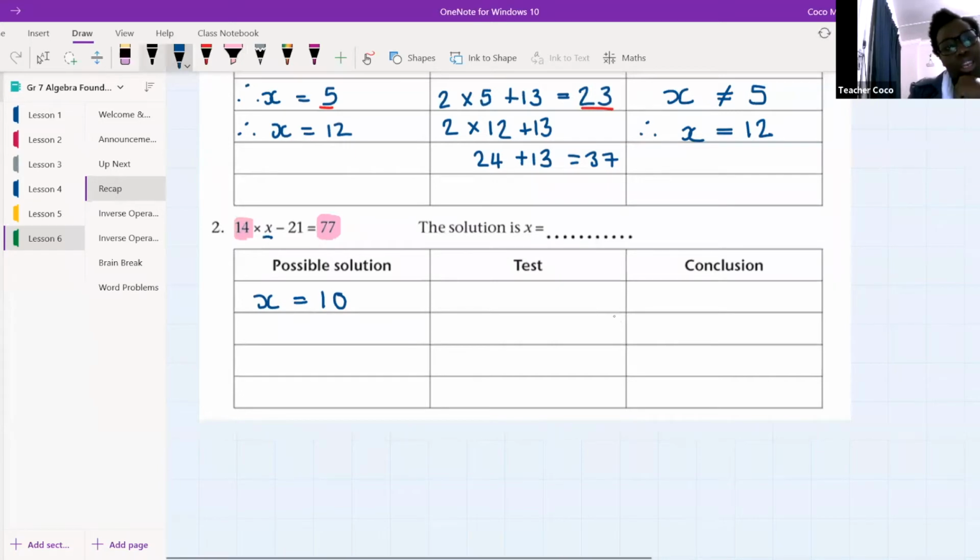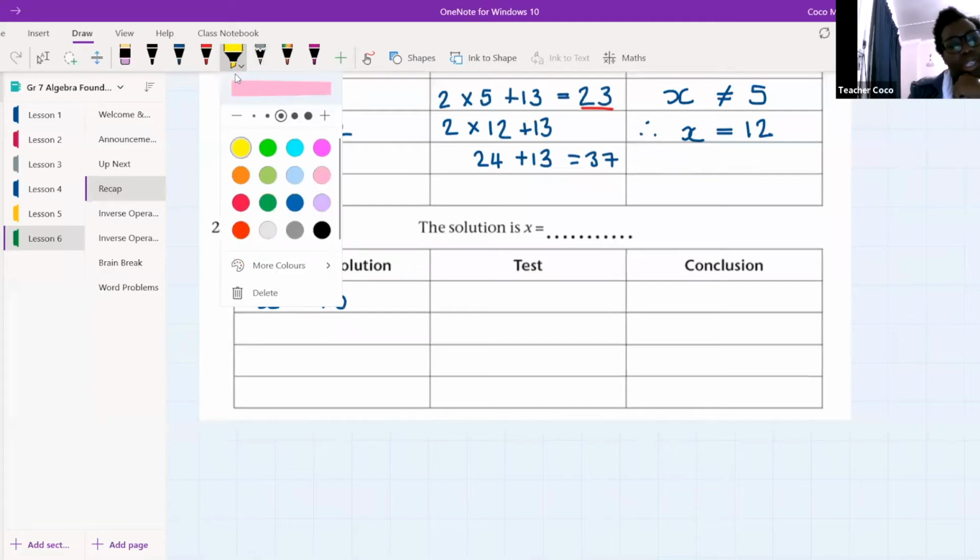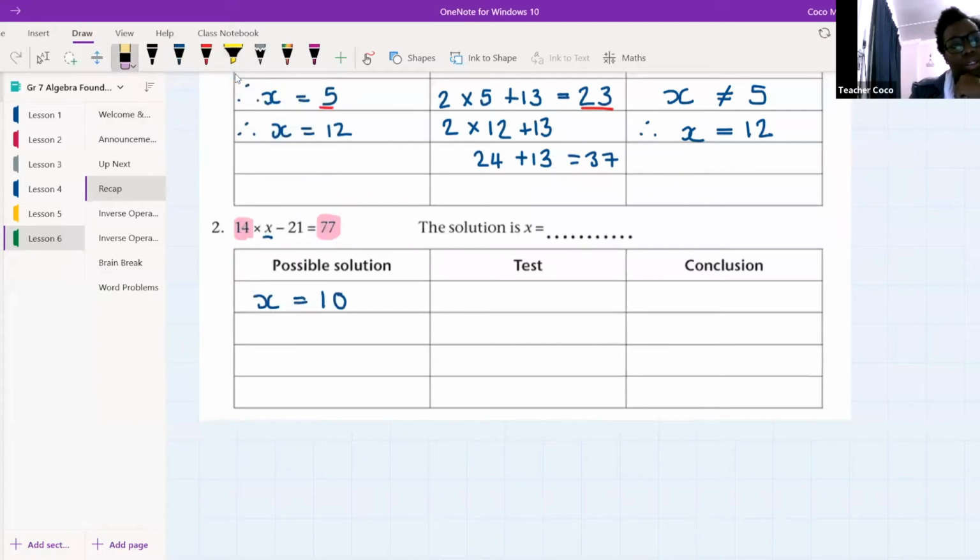If I substitute 10 where I see x, let me change my color quickly. If I put 10 there, I'm going to get 14 times 10 minus 21. Who can tell me what the answer is? Jiria, you're right.